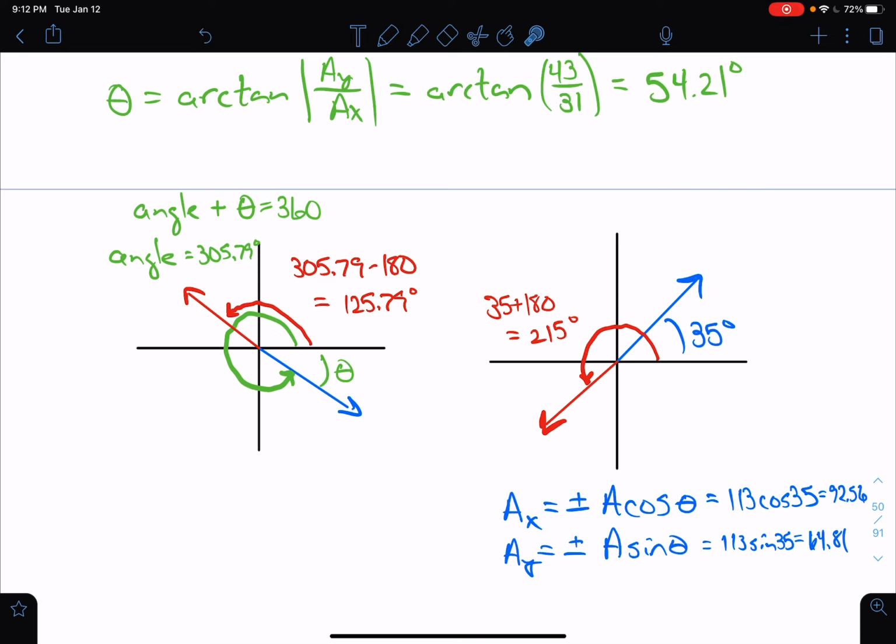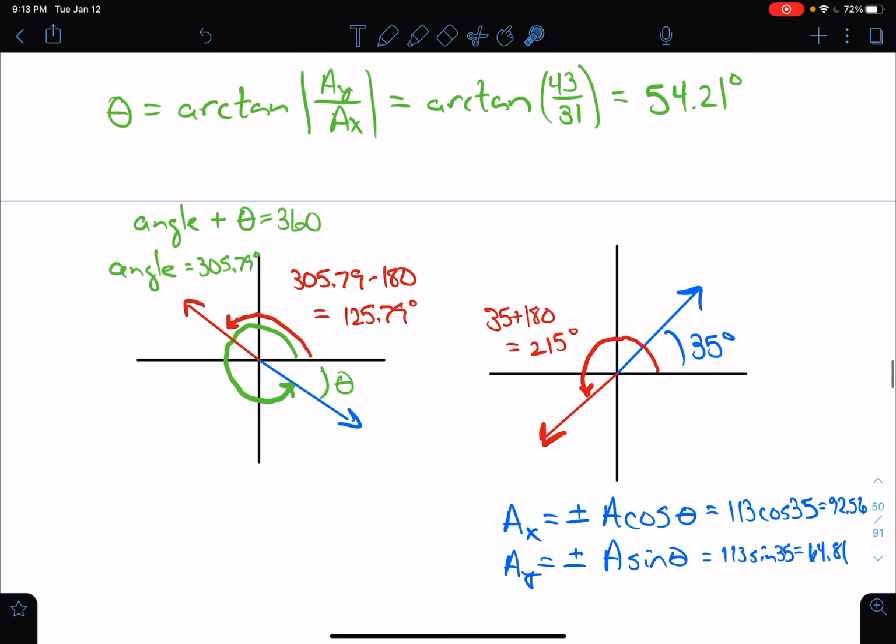But then you'd have to subtract 360 from that. Okay, and if you do that, then you get the answer 125.79. These angles that you're stating in this lab are between 0 and, well, up to 360, not 360 itself. So you don't want anything greater than that. You don't want any angles 360 or greater.